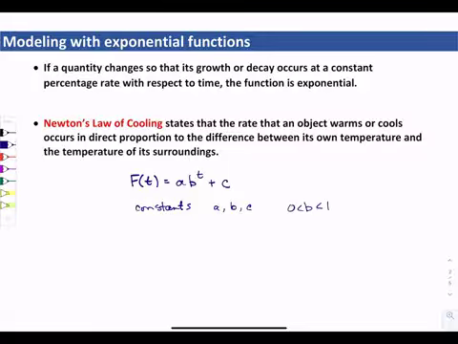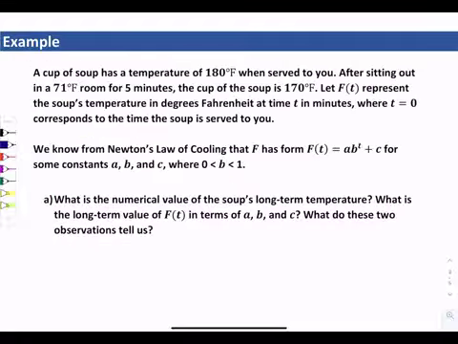So let's take a look at an example of how we would use Newton's law of cooling to model the temperature of an object. A cup of soup has a temperature of 180 degrees Fahrenheit when served to you. After sitting out in a 71 degree Fahrenheit room for 5 minutes, the cup of soup is 170 degrees Fahrenheit.